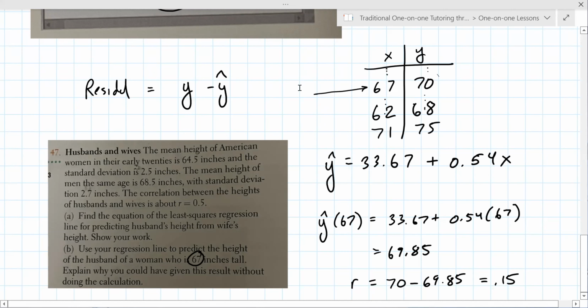Like for residual plots, that's where you would actually calculate the residual for each one.